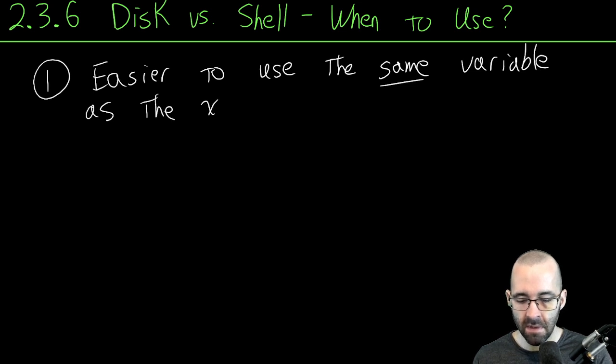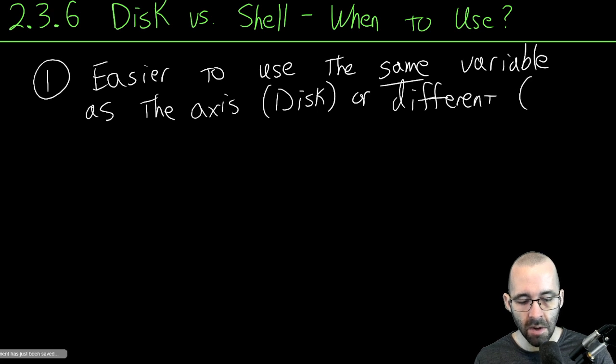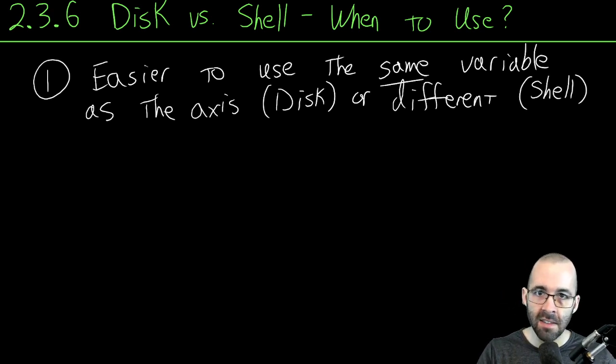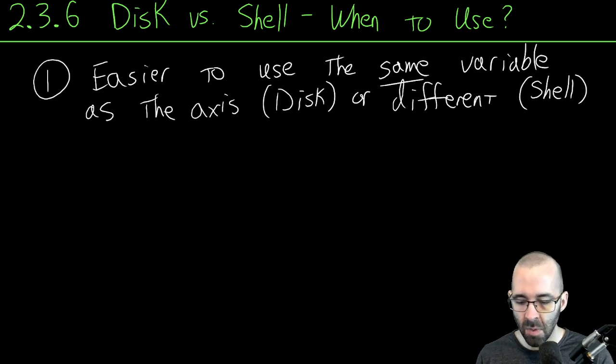So again, use x for the x-axis, use y for revolving around the y-axis. And that's going to be the disk method. Or is it easier to use the different one? That'll be shell. Rotating about the x-axis for disk, you need things in terms of x. Rotating about the x-axis with shell, it needs to be in terms of y. That's one question to ask.